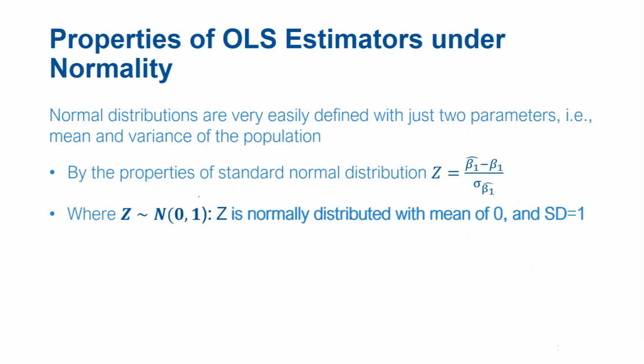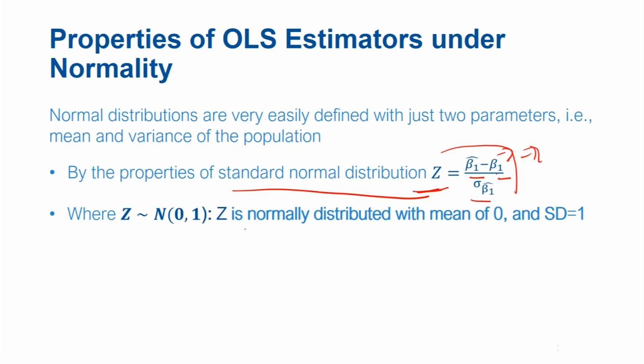Now we can also translate these assumptions that we discussed in the previous slide into the standard normal distribution format. Recall that z, or the standard normal version, is beta 1 hat minus its mean, which is expected to be the same as the population parameter, divided by the standard deviation of beta 1 hat. This is the standardized version, z.